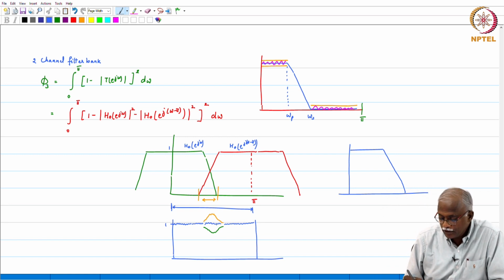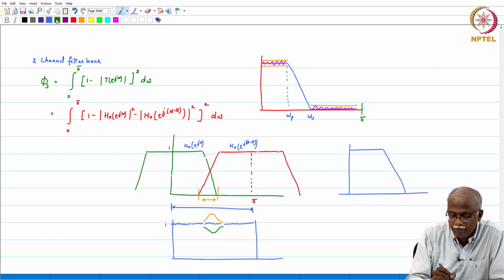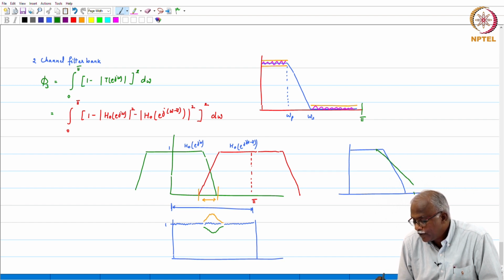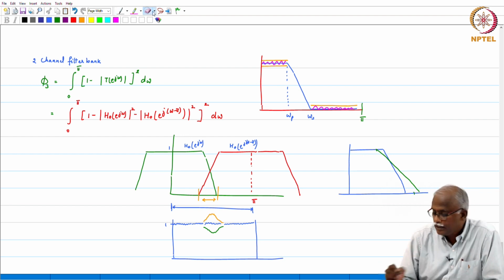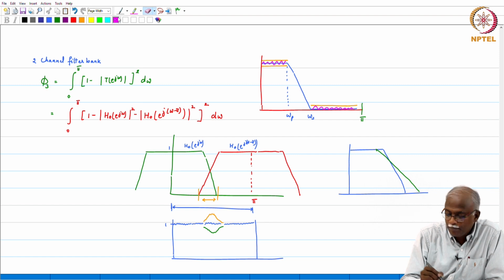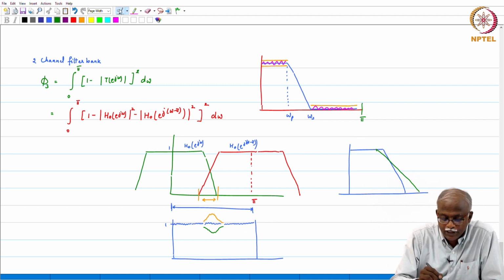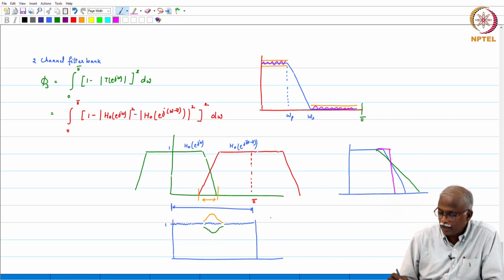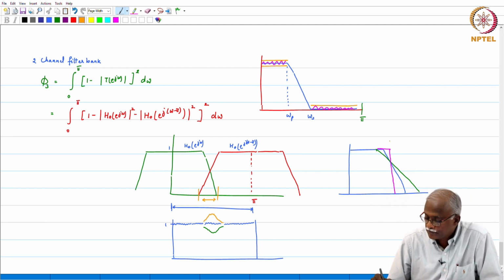Now the green response comes when there is a wider transition, and therefore there is a dip. So the transition is wider. Now when do we get a bump? When the frequency responses are sharper, overlapping more. So therefore I use the orange.